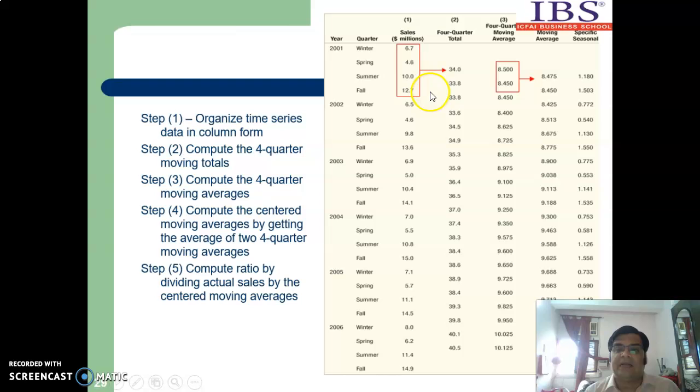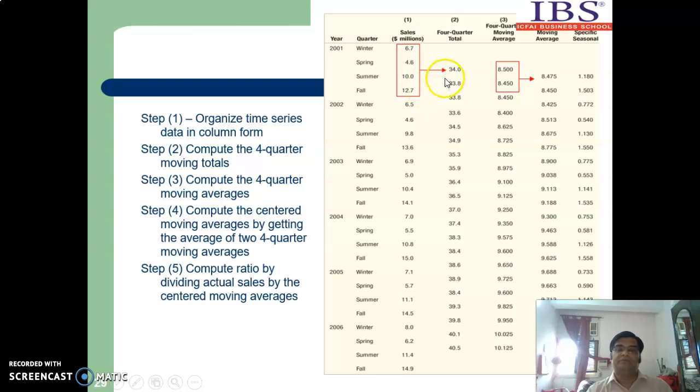But whenever there are 4 data points, we cannot write the total in the second quarter or in the third quarter. We have written it in between the second and third quarter. So 34 I have not written in the spring or in the summer, but in between, because generally we take 3 months, but here my data is in quarter form.